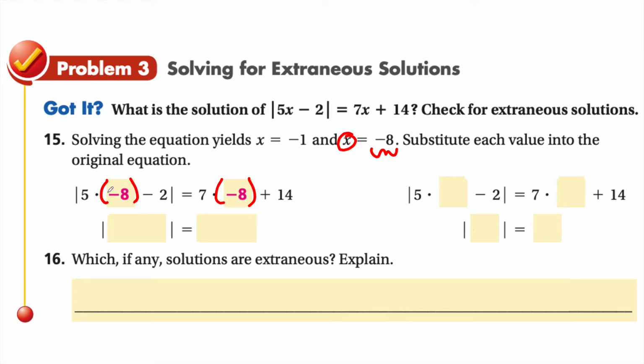So when I plug in that negative 8, you get 5 times a negative 8, which is a negative 40. Negative 40. And then we're going to subtract 2 from that, giving you an absolute value of negative 42. Well, if I come over here and I say we have a negative 8 times 7, you'll get a negative 56. If we add 14 to it, however, we will stick with a negative 42.